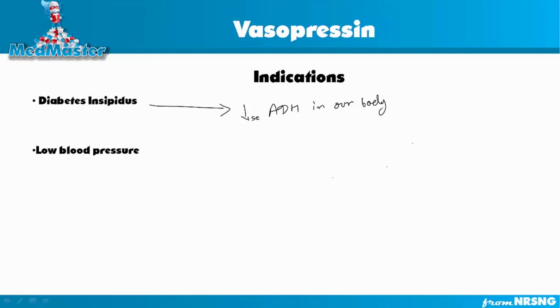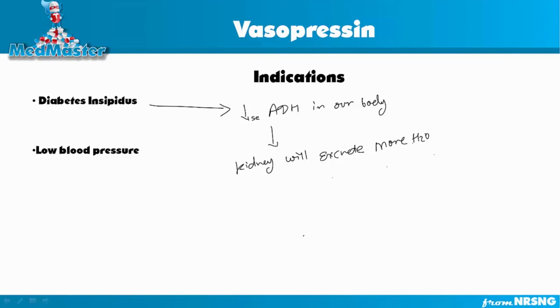Now when there is a decrease of ADH, the kidney will excrete more water, because as we talked about in the previous slide, this works in the collecting ducts by increasing the reabsorption of water.